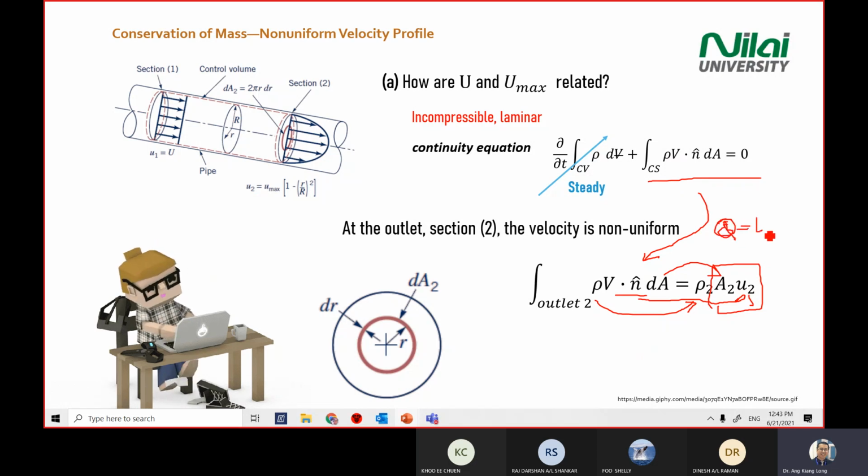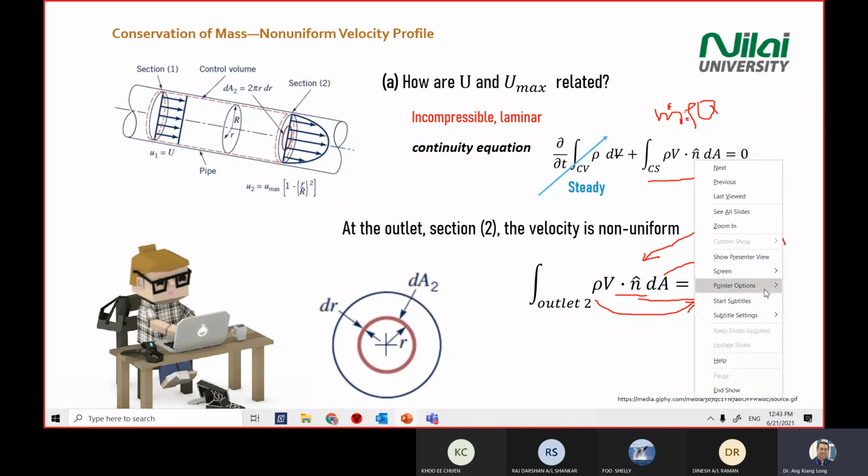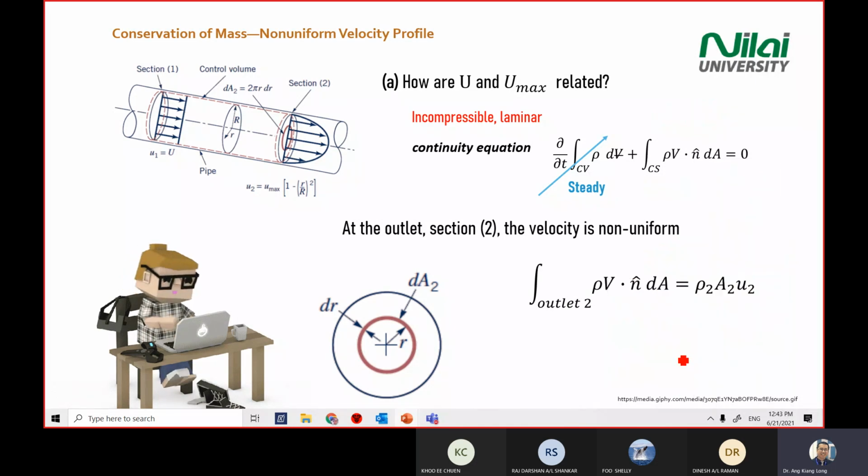Q equal to UA. Or another equation, m dot equal to rho times Q. These are the side equations that you should always practice and memorize. Okay, positive. You should know why positive. When you draw the vector diagram for the area and velocity, you get a positive sign.